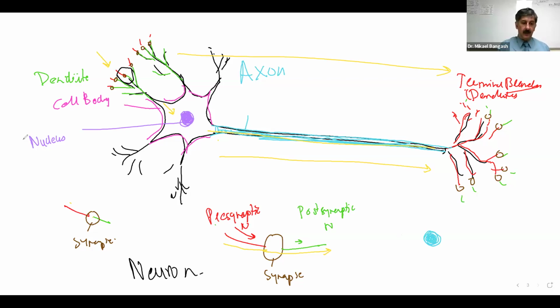Now what we actually have around the axon, we see that it's going to spiral around the axon.